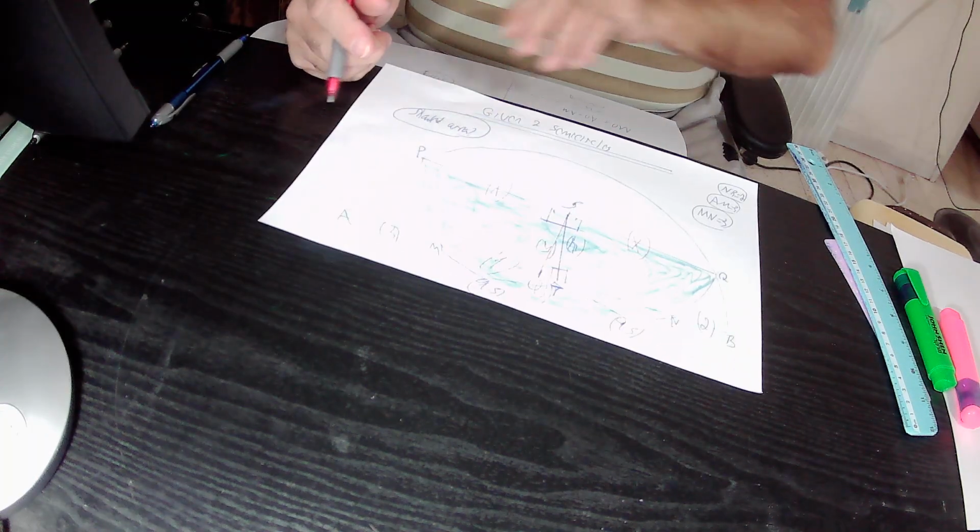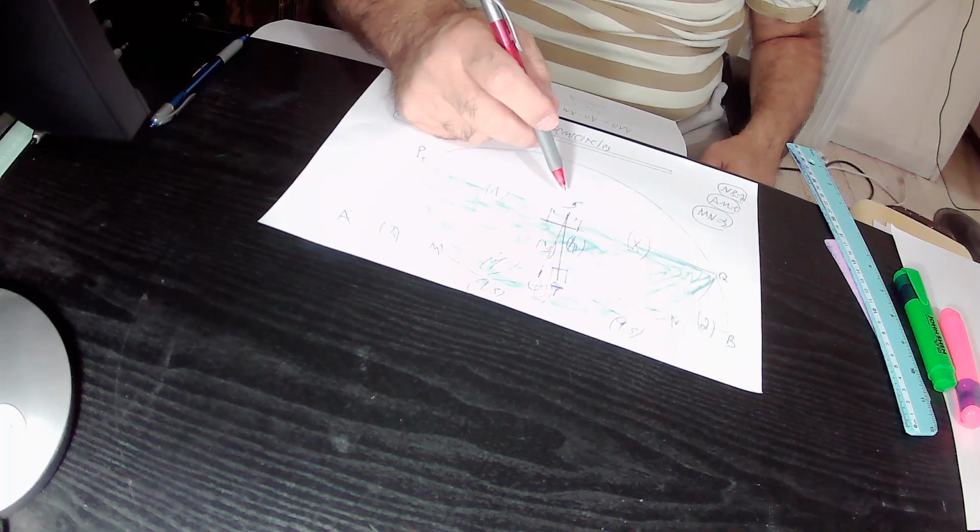In the next step, we will implement the Pythagoras theorem on this right triangle SOT.